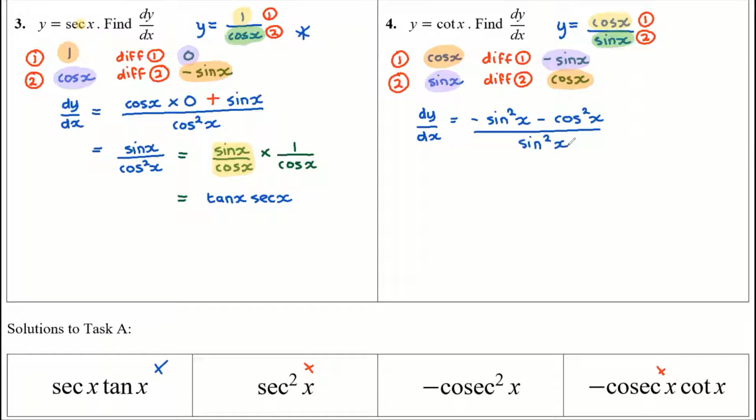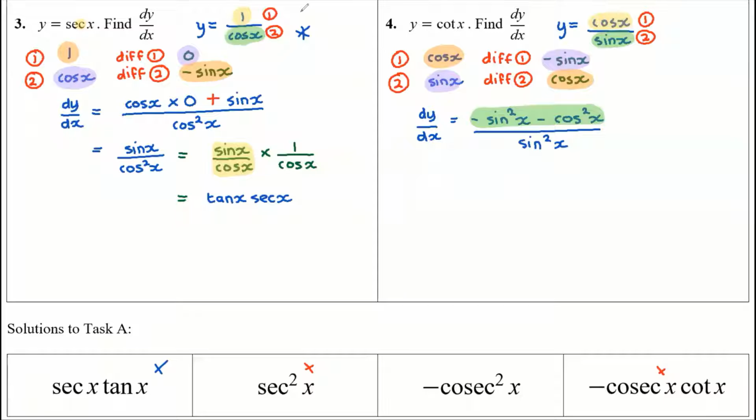So at first glance, you might be thinking, how could we do this? There's a couple of ways of doing this, actually, from where we are. We could split it into 2 fractions, or we could notice, which is what I'm going to do now. If you look at the numerator, this is essentially sine squared plus cos squared, all multiplied by -1, isn't it?